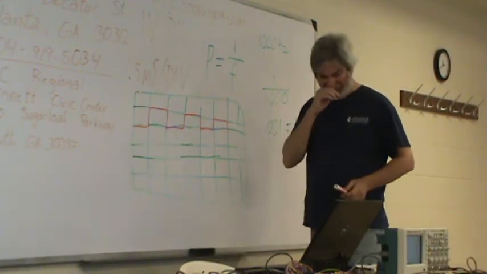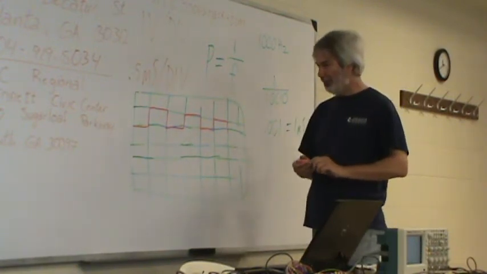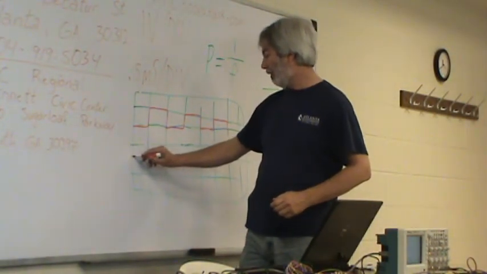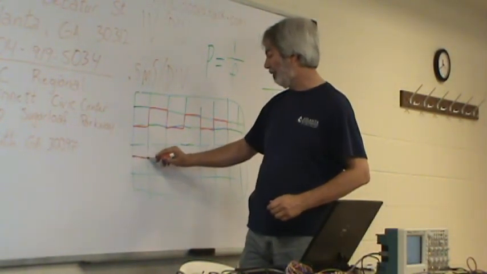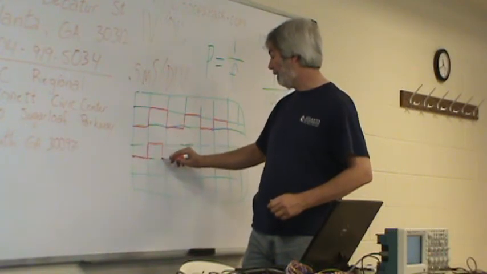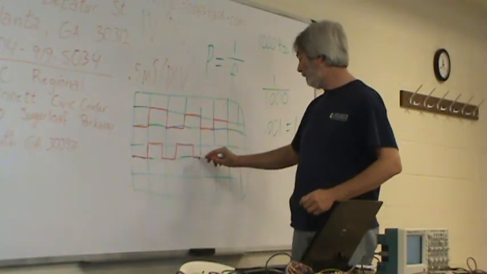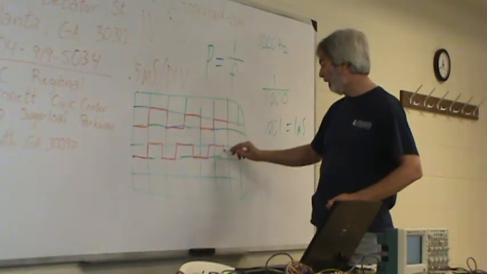As it turns out, he goes and looks at this with a scope, and he discovers that his signal is actually kind of doing this. Well, this is hard to make actually look right.